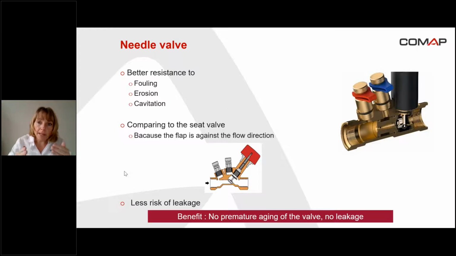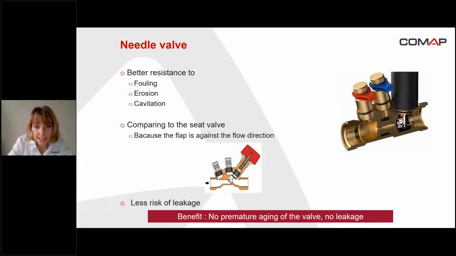If we compare the needle valve and the seat valve, we can explain the better resistance of the needle valve. Indeed, for the seat valve, you can see a seat valve here. The water is going through from the left side, and you can see that the valve here is in opposition to the flow.